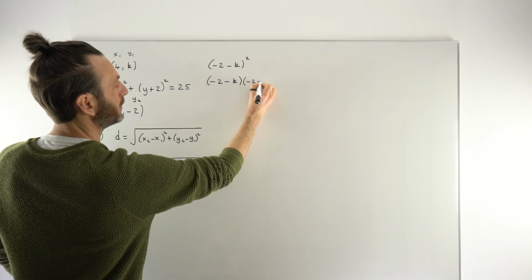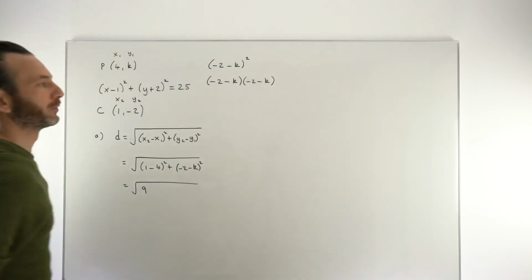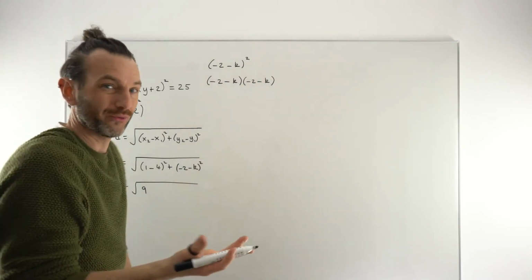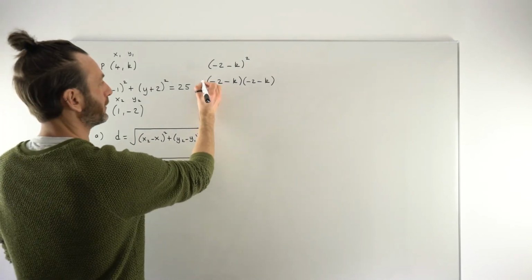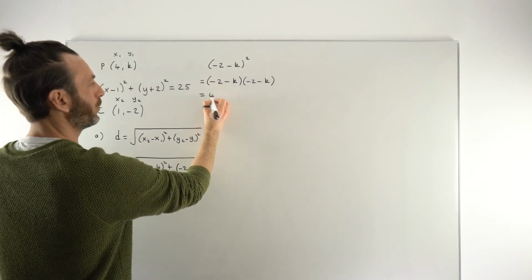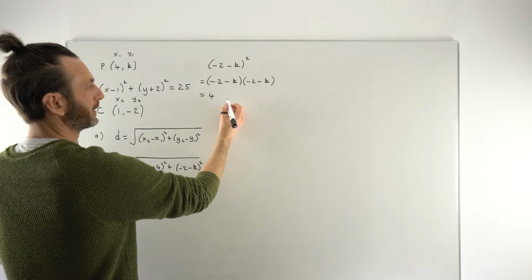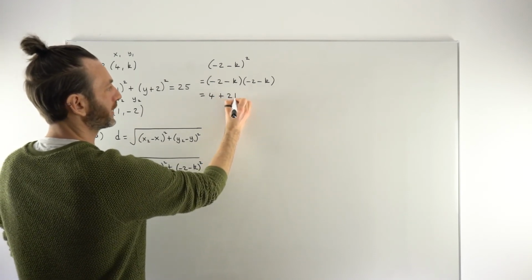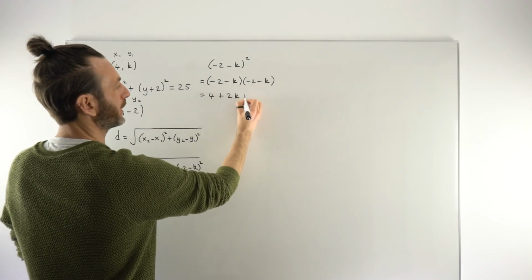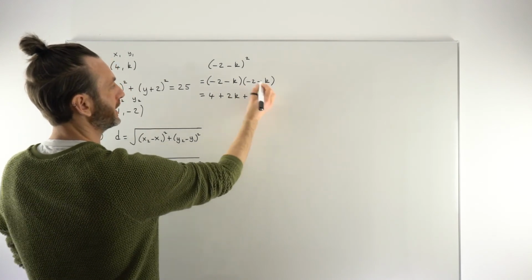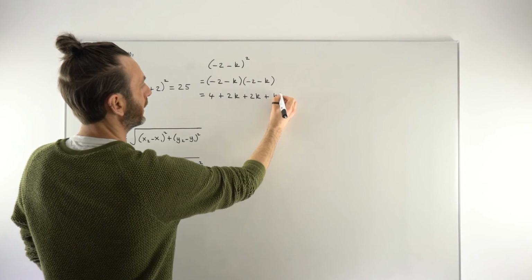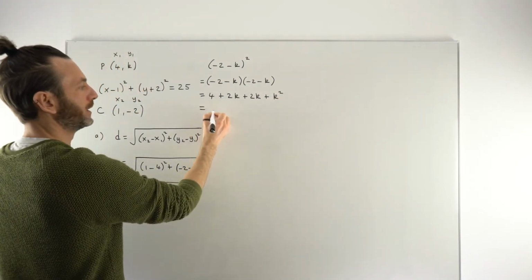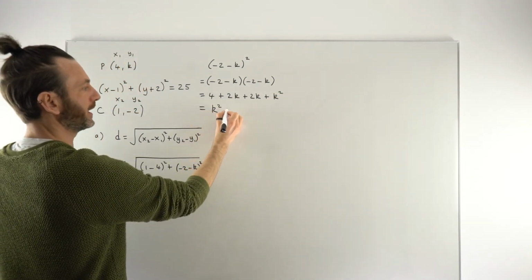Then you've just got to multiply that out using the normal FOIL technique. Minus 2 times minus 2 gives us 4, and minus 2 times minus k is going to give us plus 2k. We're going to get another plus 2k from these guys multiplying, and then the minus k times the minus k gives us a positive k squared. I'm just going to spin these around to give me a k squared.